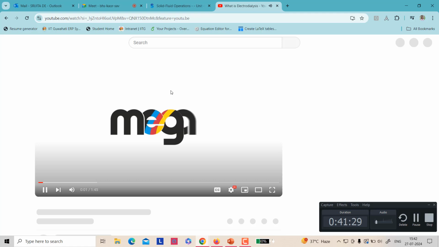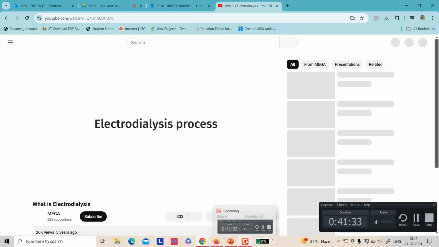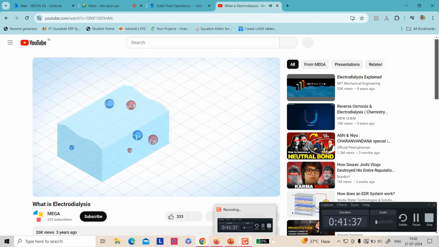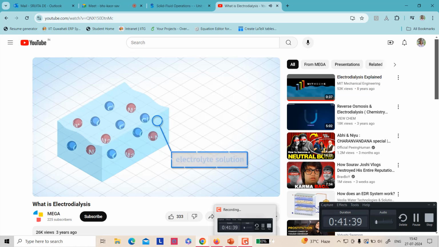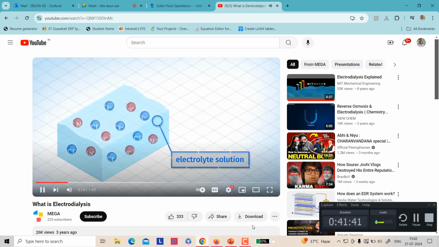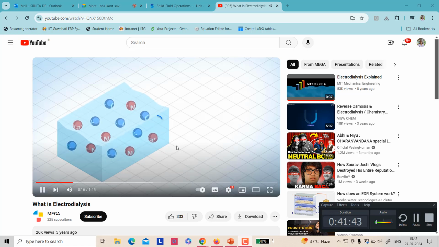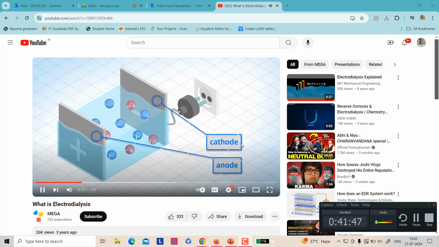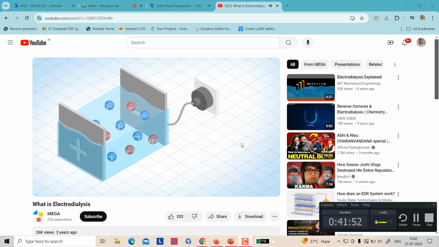Next one is electrodialysis. Here you can see there is an electrolyte solution where positive and negative charges are present, and now they have attached the cathode and anode, and charge is supplied.